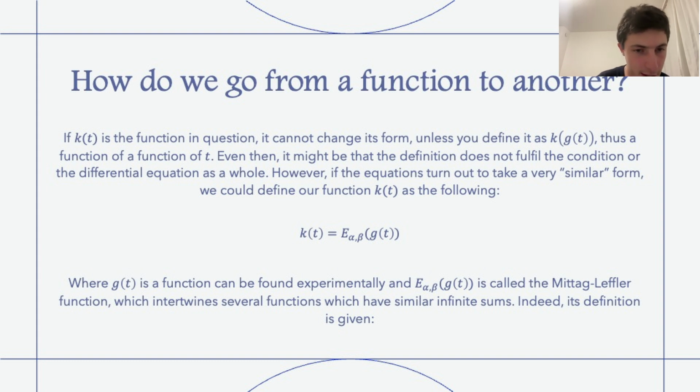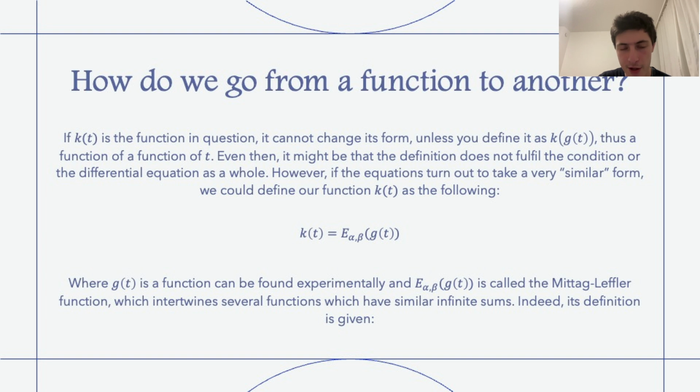So we define k of t to be this E with subscript alpha beta, which I will get to, of g of t. g of t is a function that can be found experimentally only in relation to this function, which is called the Mittag-Leffler function.